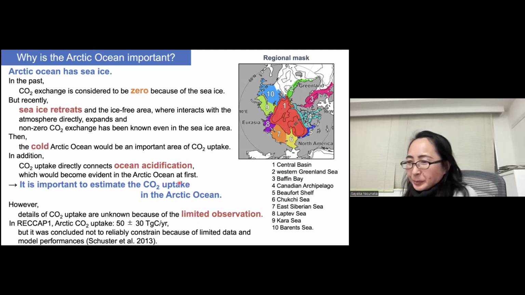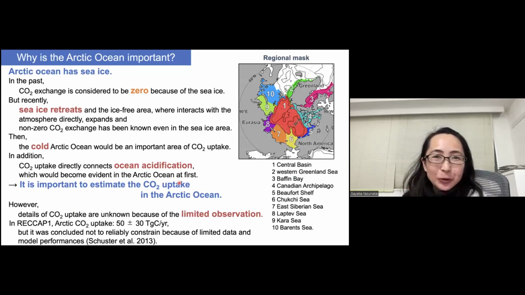All right. So why is the Arctic Ocean important? As you know, the Arctic Ocean has sea ice. And in the past, CO2 exchange is considered to be almost zero because of the thick sea ice.